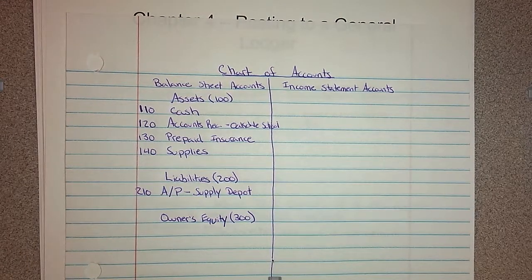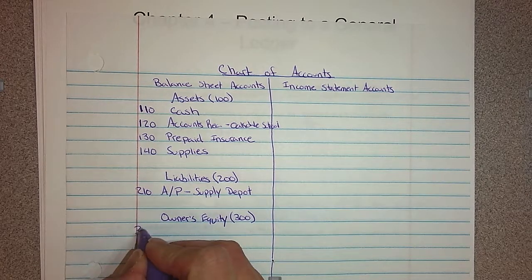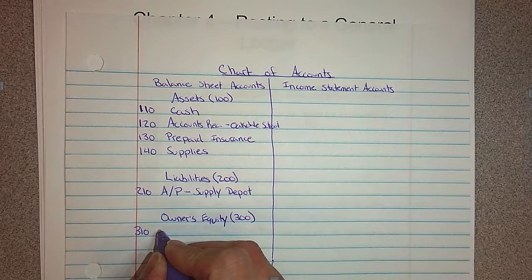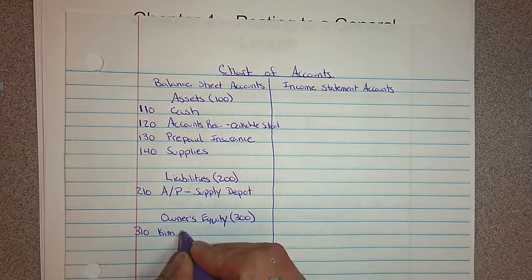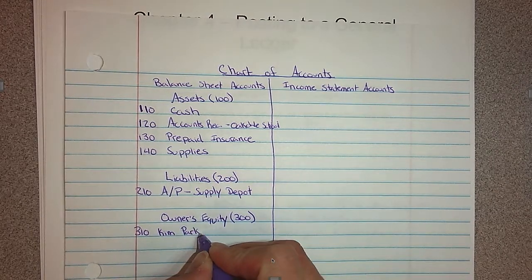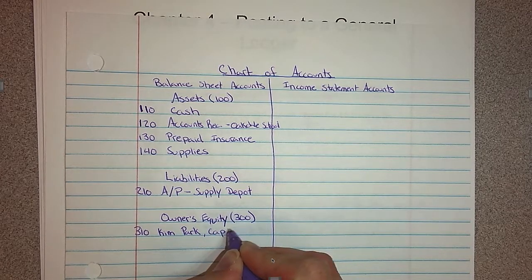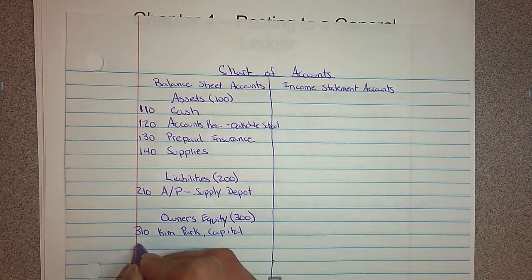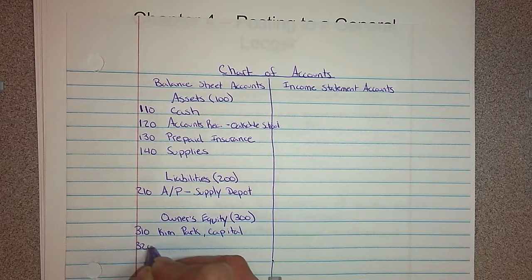So I'm going to go alphabetically. C comes before D. So I'm going to do 310 is Kim Park Capital. 320 is Kim Park Drawing.